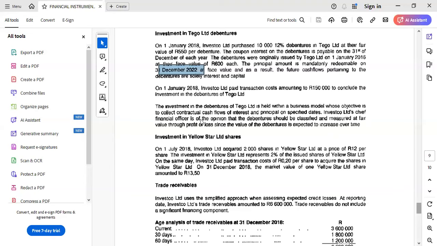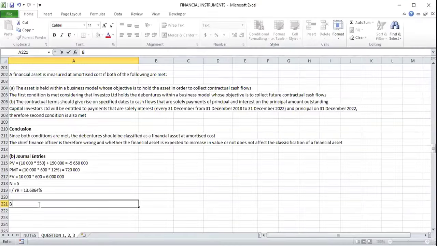So as long as it's at amortized cost, remember to find your effective interest, then you get your amortization table.